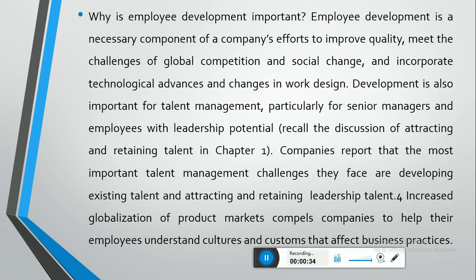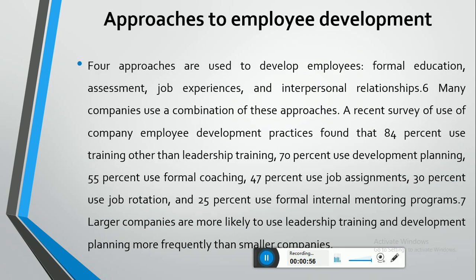If you want more, as I said, you can do some more research, and you might find other authors writing different points. We also discussed why development is very important and the reasons behind it, the same thing we discussed in chapter 1 regarding training. So today I'm going to discuss approaches to employee development.